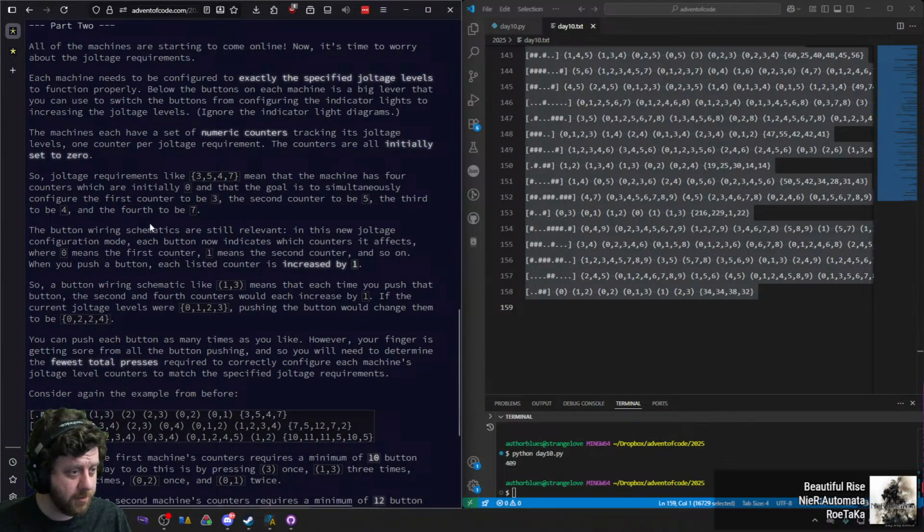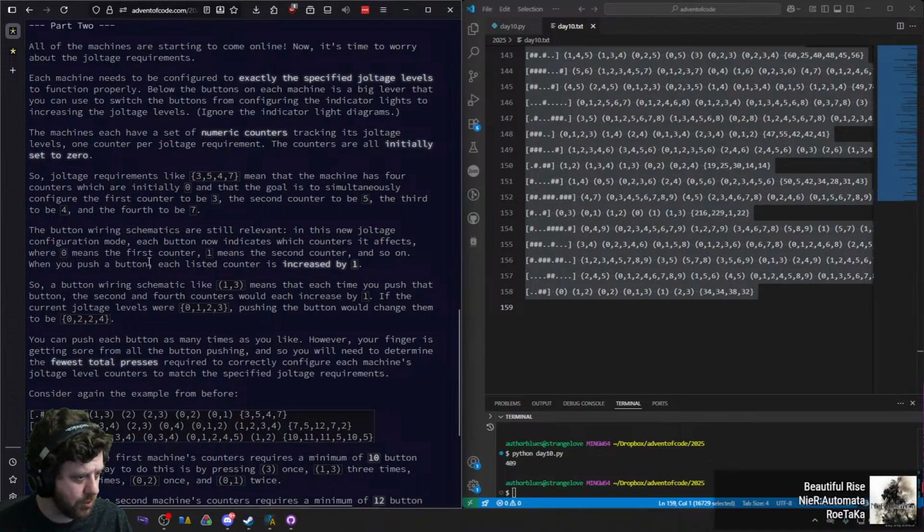The button wiring schematics are still relevant. In this new joltage configuration mode, each button now indicates which counters it affects, where 0 means the first counter, 1 means the second counter, and so on. When you push a button, each listed counter is increased by 1. So a button wiring schematic like 1-3 means that each time you push that button, the second and fourth counters would each increase by 1.